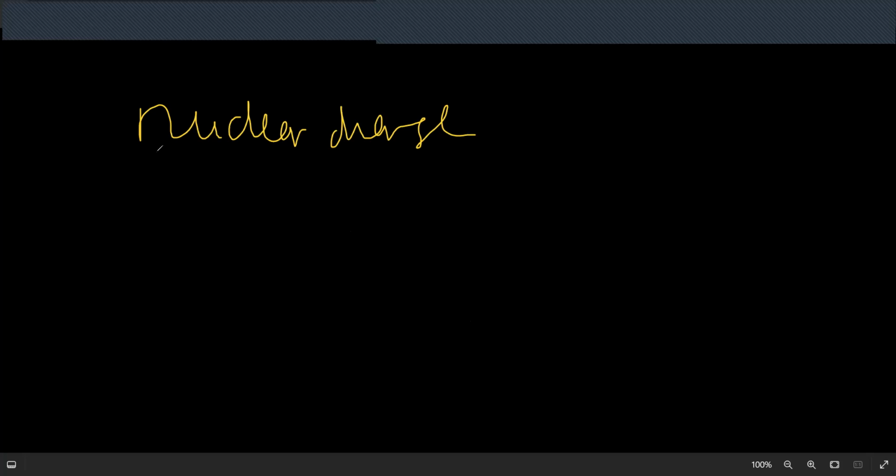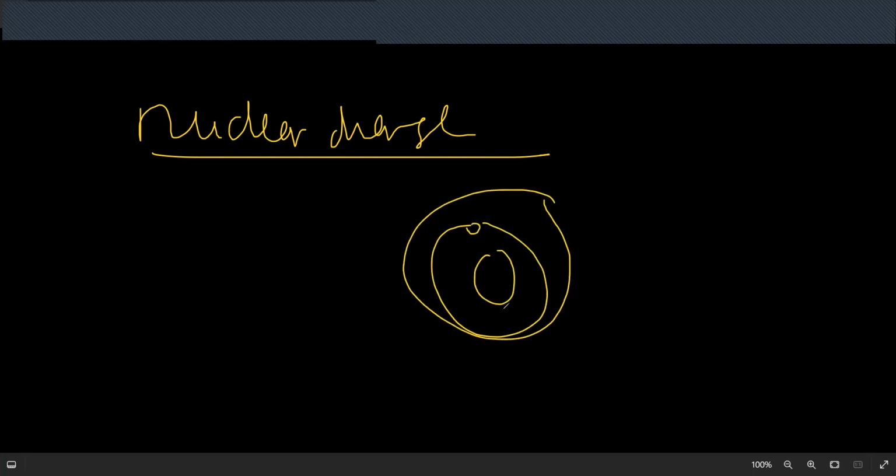First of all, let's talk about the shielding effect. In a multi-electron atom, which means it has multiple electrons, the electrons present between the nucleus and the valence shell are called intervening electrons. So there are electrons over here and electrons over here.